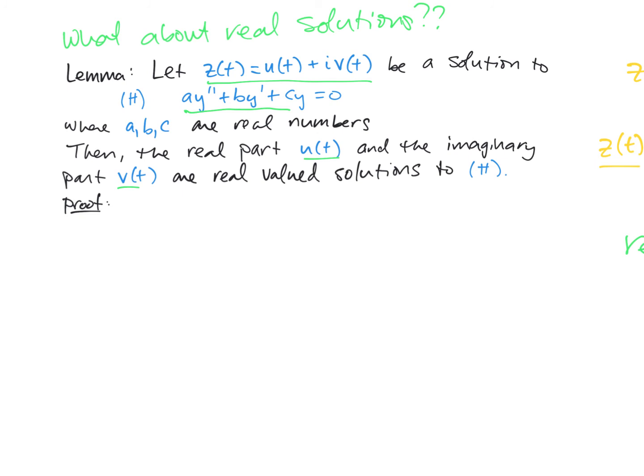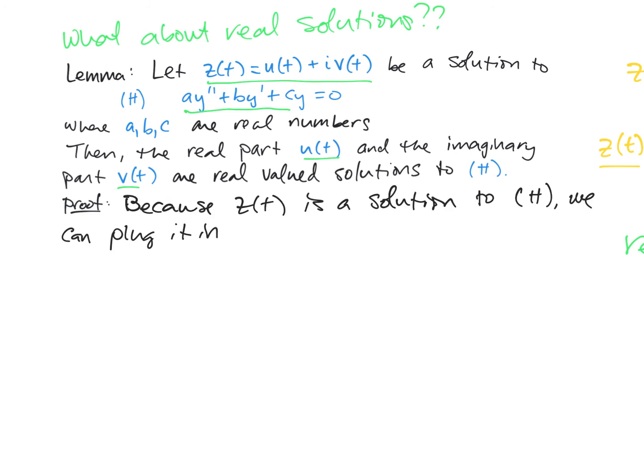Because z of t is a solution to H, we can plug it in, which is going to give us a times y double prime. When you take the derivative of this function z, you can just do it component-wise.